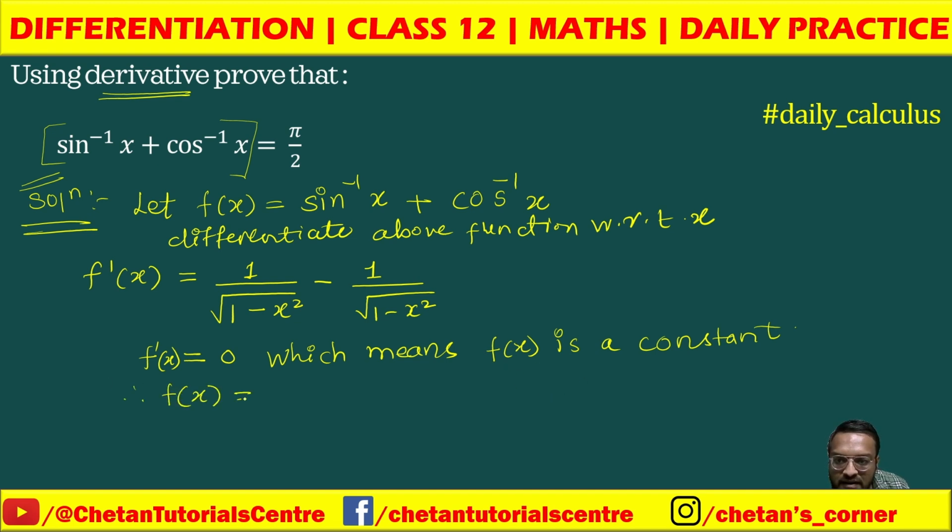A derivative of a constant is always equal to 0. So as f dash of x is 0, f of x is equal to c, where c is a constant function. Therefore, for any values of x, the value of the function is going to remain constant.